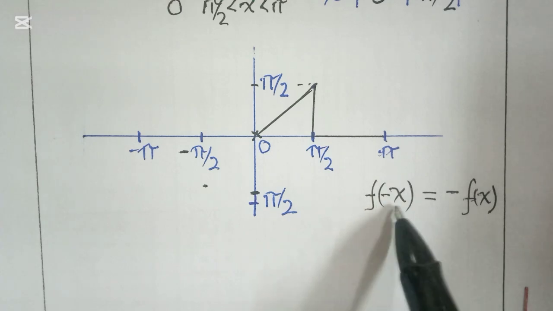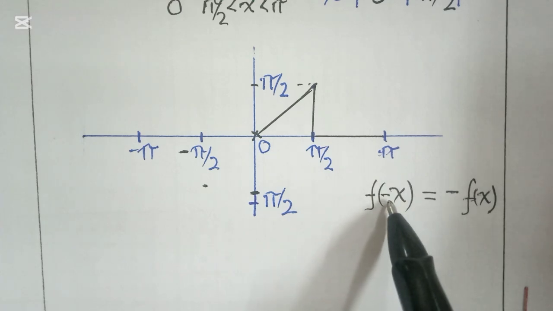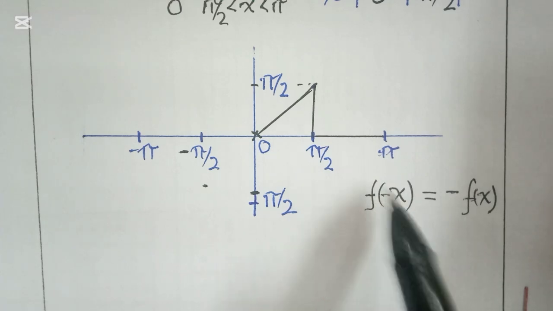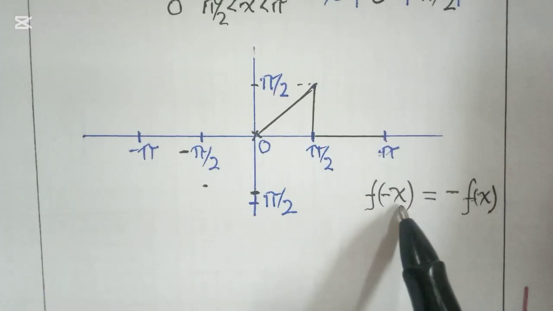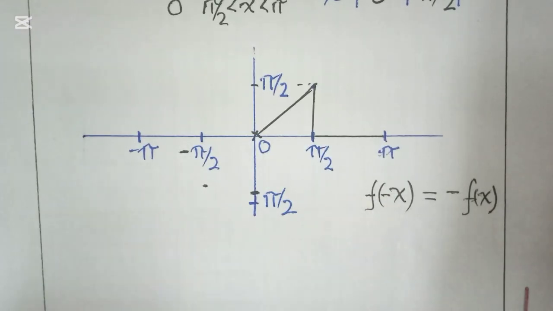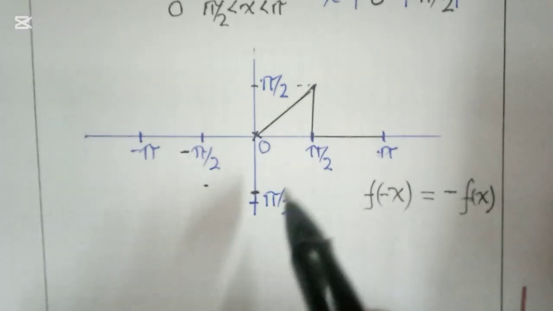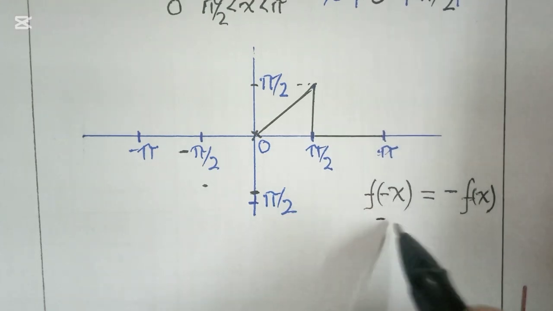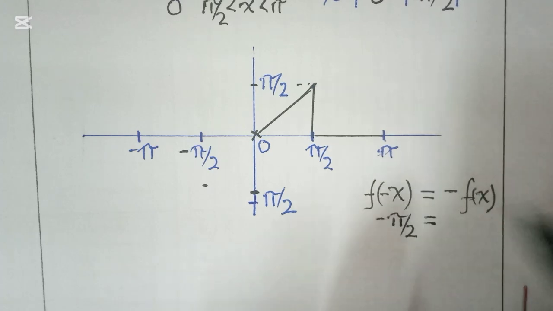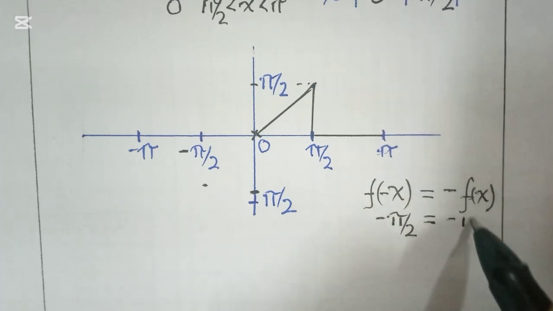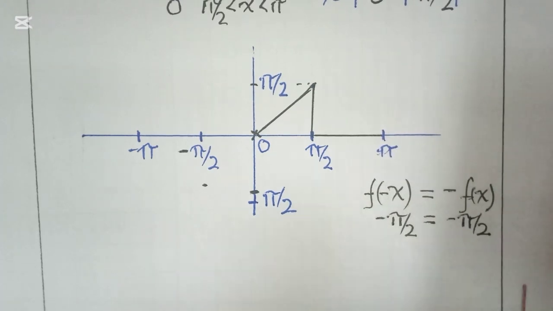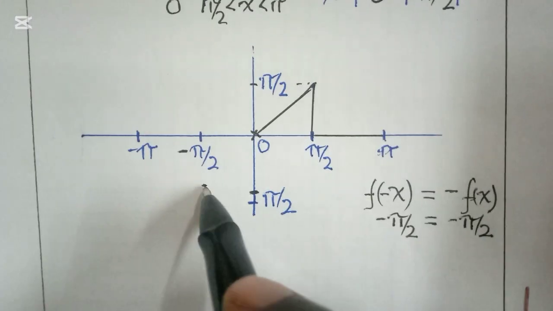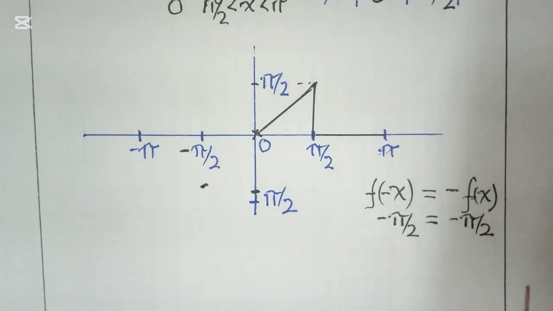Coming to this other side, it shall be negative pi over 2, and this side we shall also have negative pi over 2. So this one is going to be at this point. So, guys, we draw that.